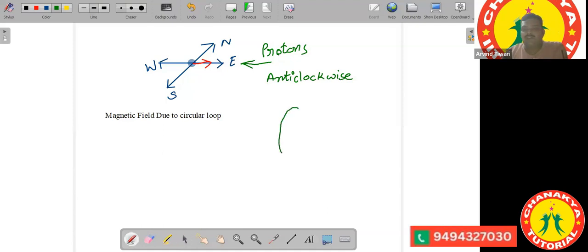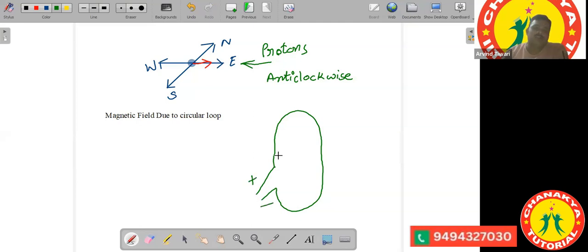So let's take a circular loop. Let this be the positive terminal.